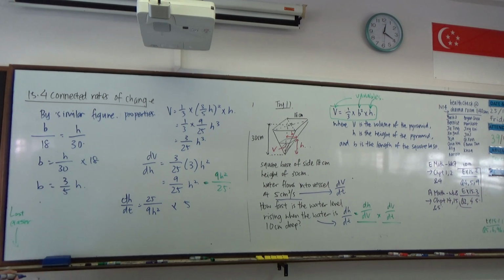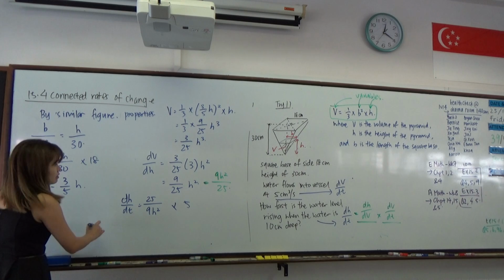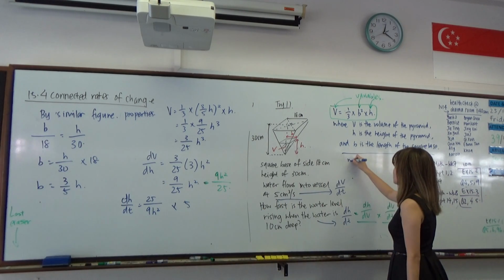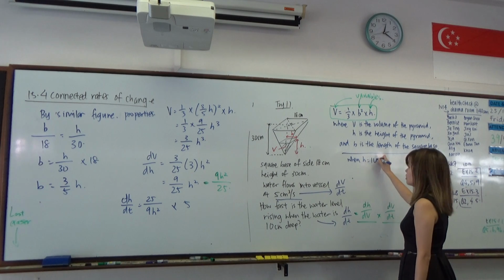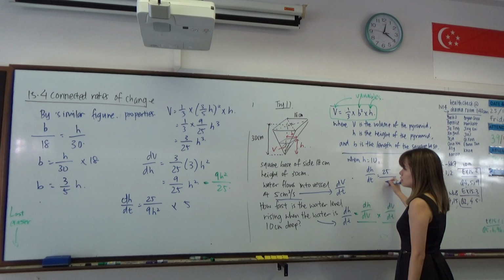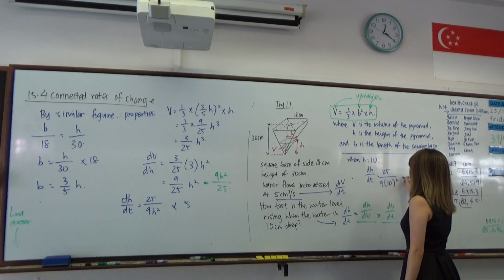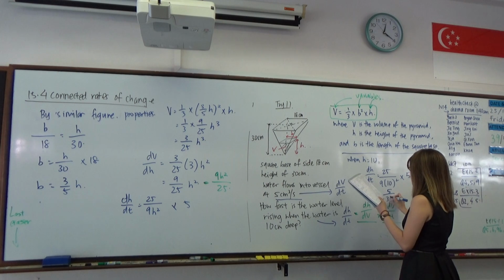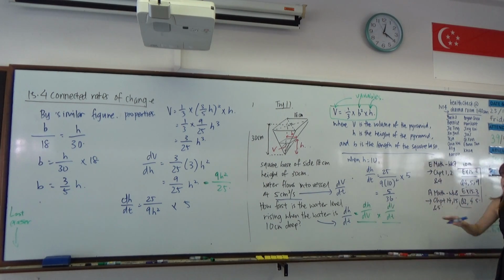Now we want to find when our water is 10 cm deep. So when H is equal to 10, our dH over dt will be equal to 5 over 36.